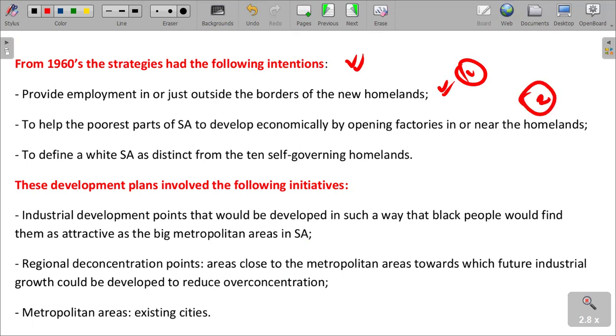Factories and industries were to be opened at the borders of these homelands to define a white South Africa distinct from 10 self-governing homelands. The homelands we said were created could not match the white South African population.